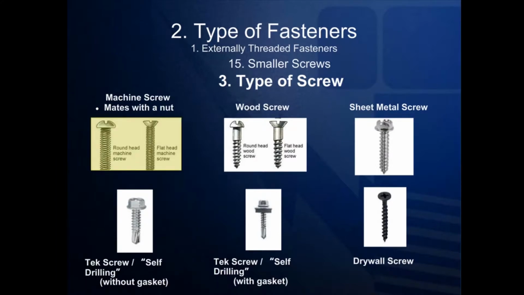Is it a machine screw, meaning that it is designed to mate with a nut or thread into a tapped out hole? Or is it a wood screw, a deck screw, or a lag screw, thereby being designed to drill into wood? Or is it a sheet metal screw, in which it is designed to possess a really sharp point? However, not to be confused with a tek screw, also known as a self-drilling screw, which has a drill bit-like tip.